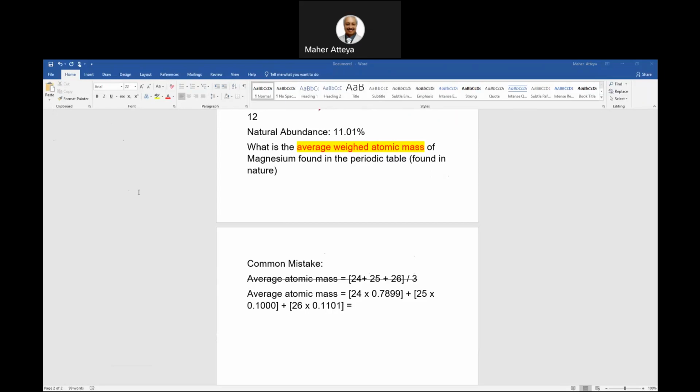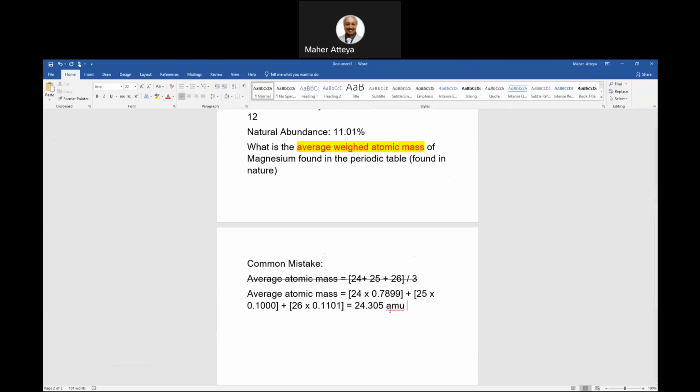If you add them up, the answer here is 24.0345, and the unit is called AMU.